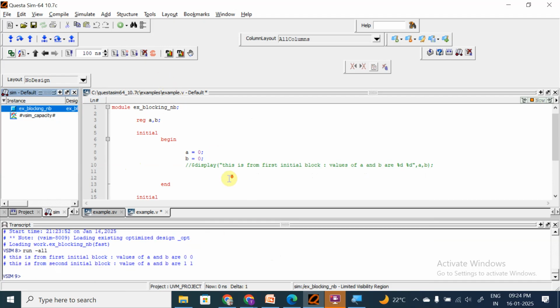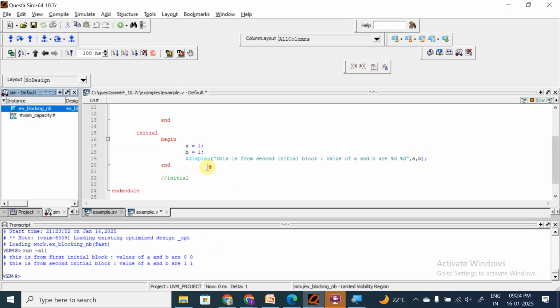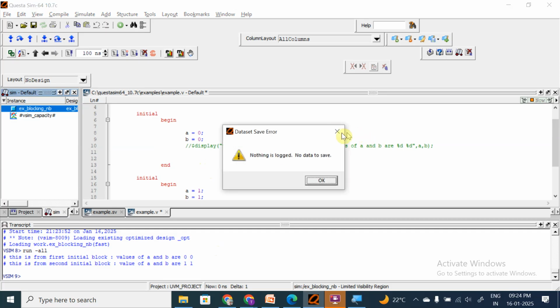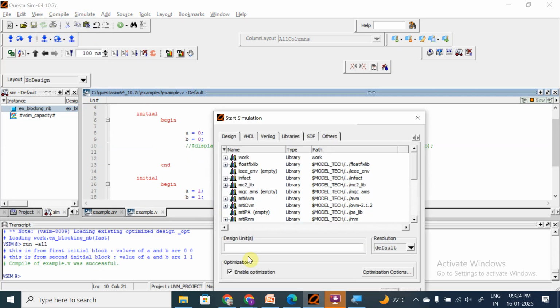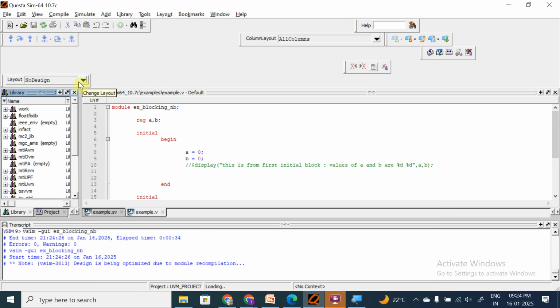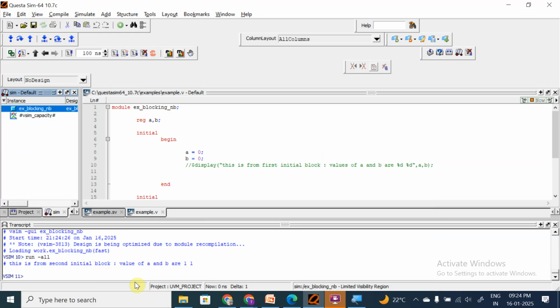Okay, I haven't saved the file. One minute. So what we are getting? This is from the second initial block. Values of A and B are 1 and 1.